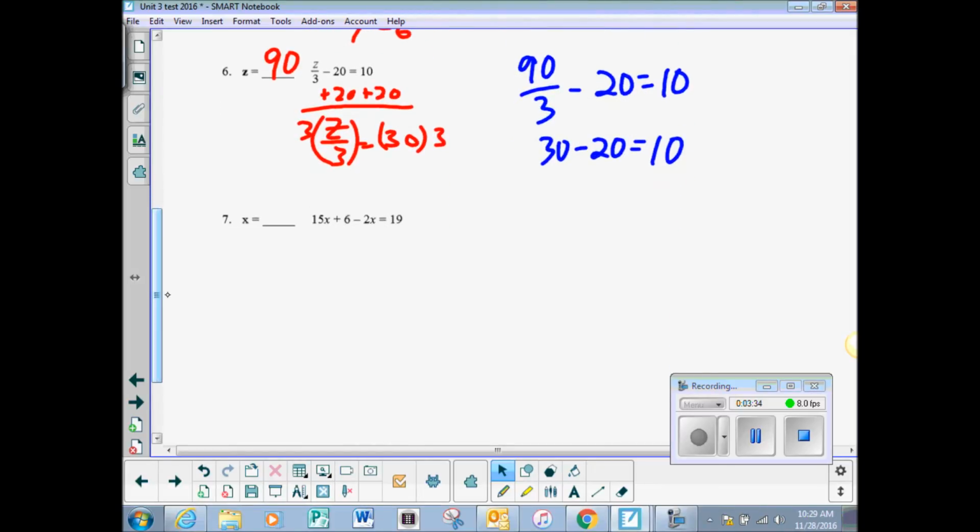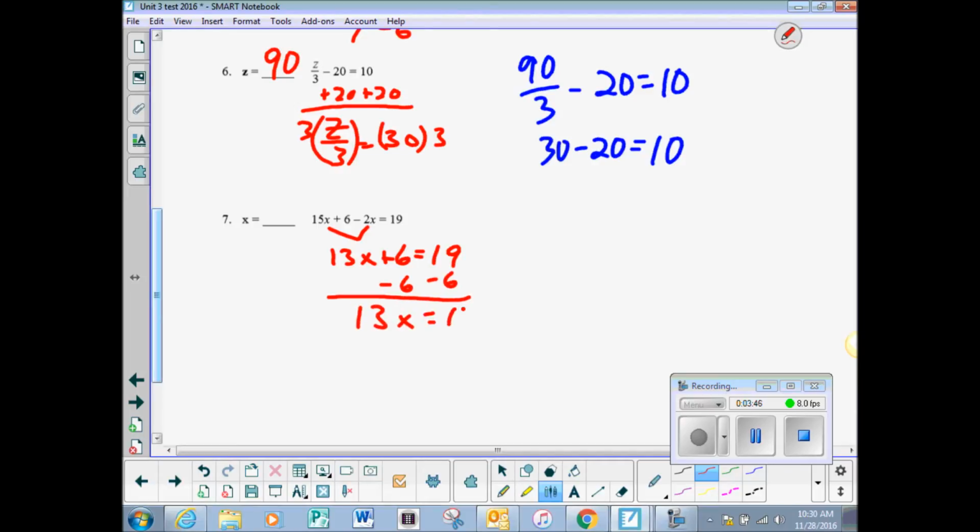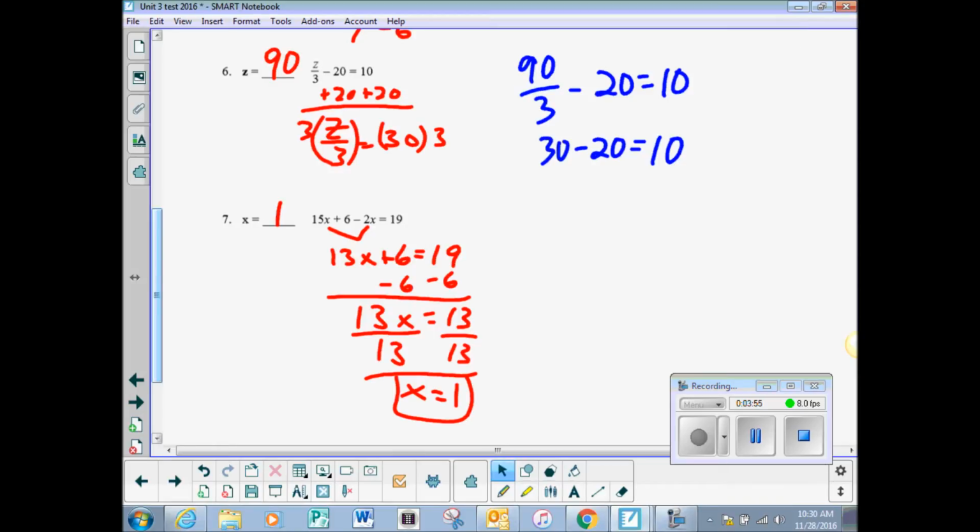All right, number 7. I need to simplify before I solve. 13x plus 6 equals 19. Subtract 6 from both sides. 13x equals 13. X equals 1. Okay? Check it. 15 times 1, 15 plus 6 minus 2 times 1 equals 19.